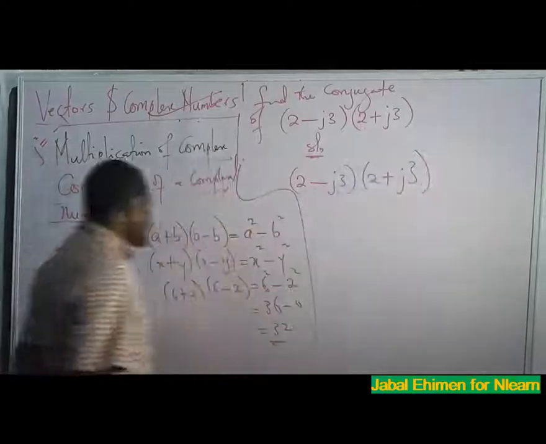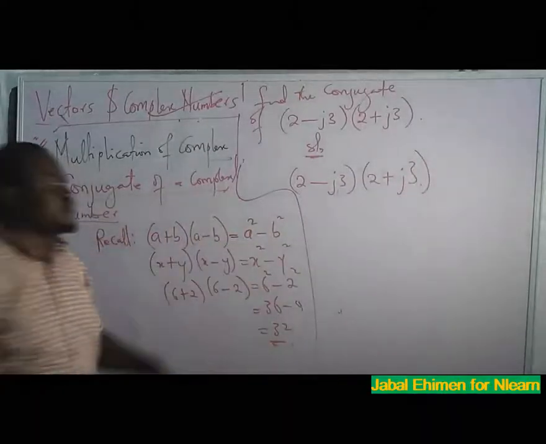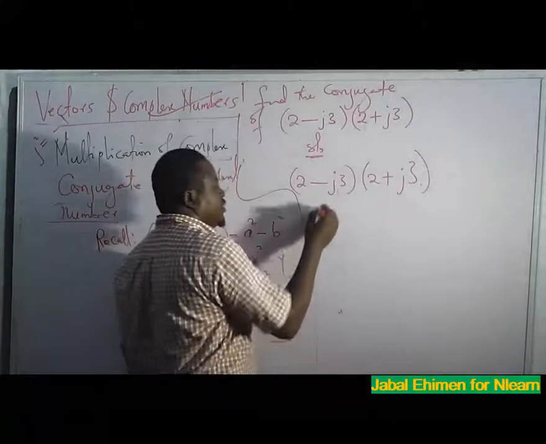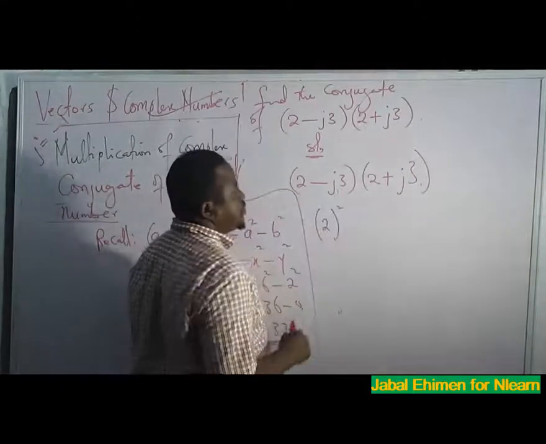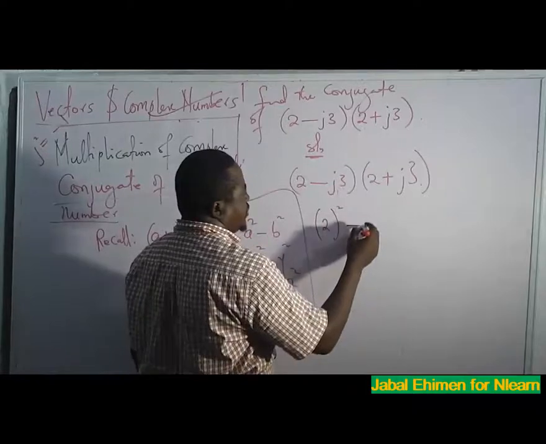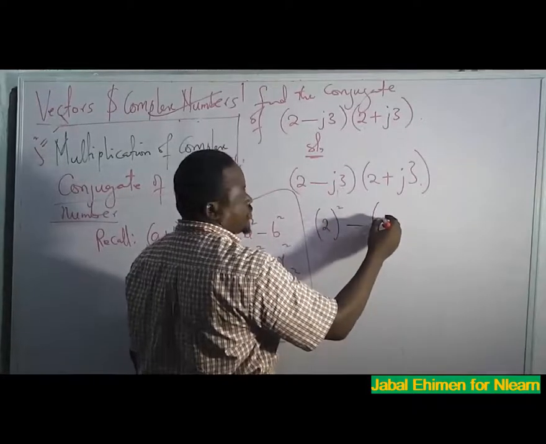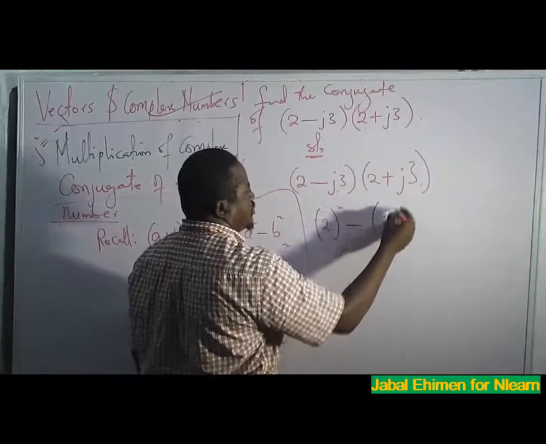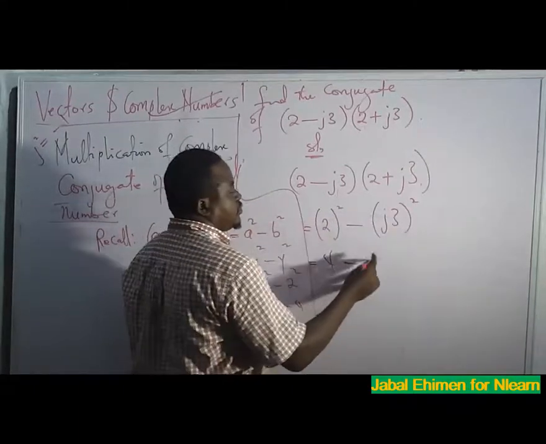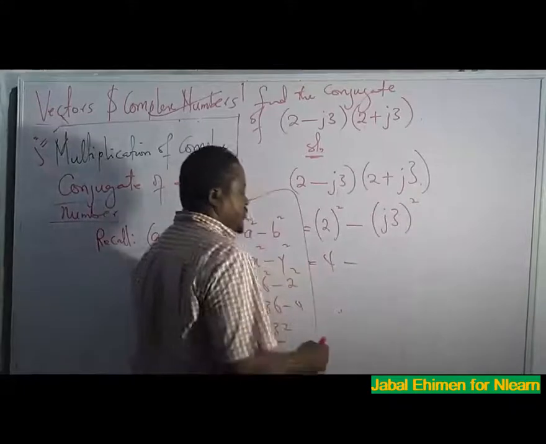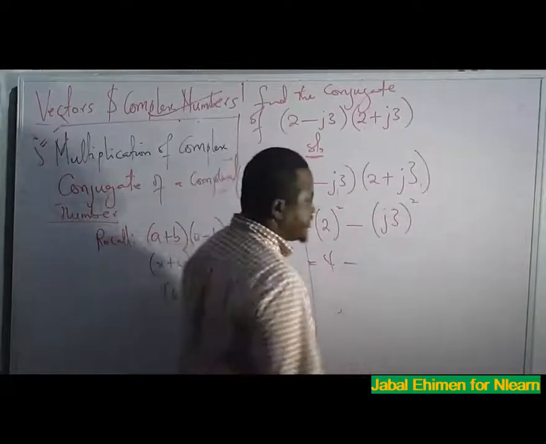So if you look at it, it's just the same thing as the difference of two squares principle. So when you take that, what would that be? 2 squared, and the other one will be minus j3 squared. So from here, 2 squared is 4. 3 squared, normally, is 9.